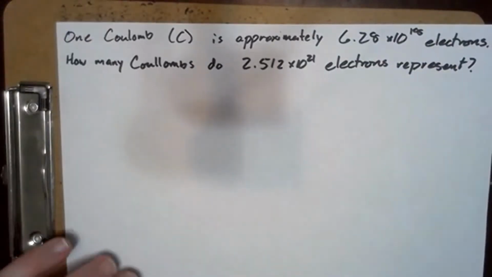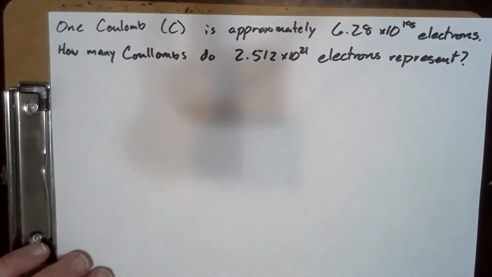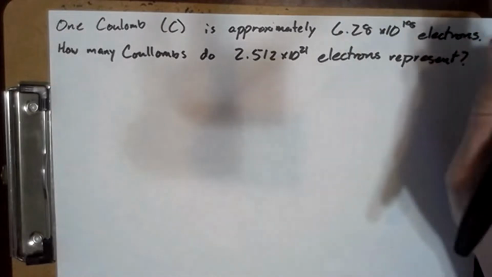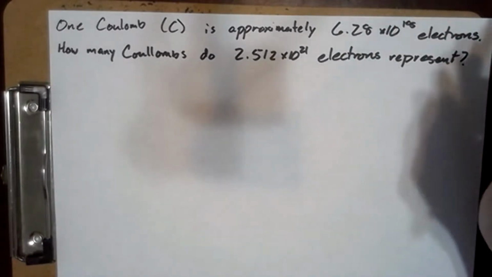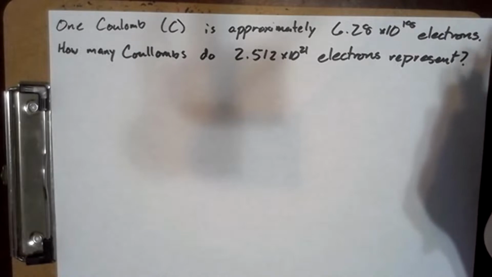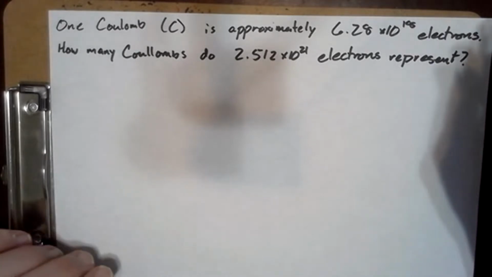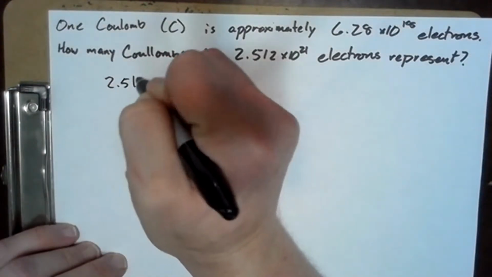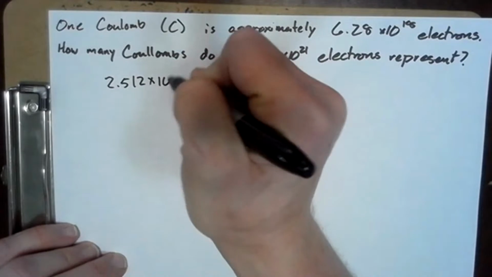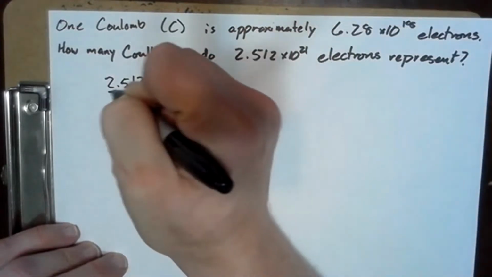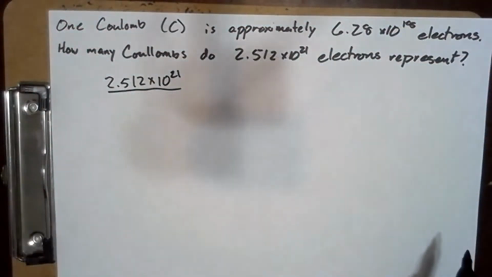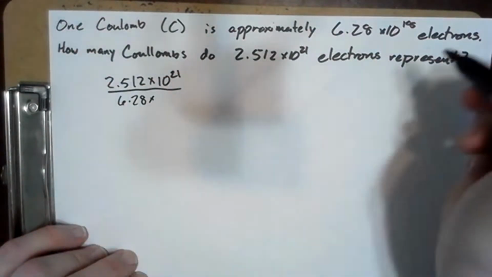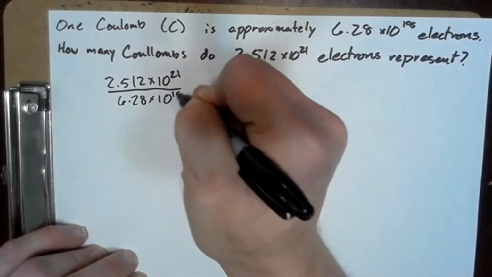1 coulomb is approximately 6.28 times 10 to the 18th electrons. So how many coulombs do 2.512 times 10 to the 21st electrons represent? So for this, we'll take 2.512 times 10 to the 21st, divide it by 6.28 times 10 to the 18th.